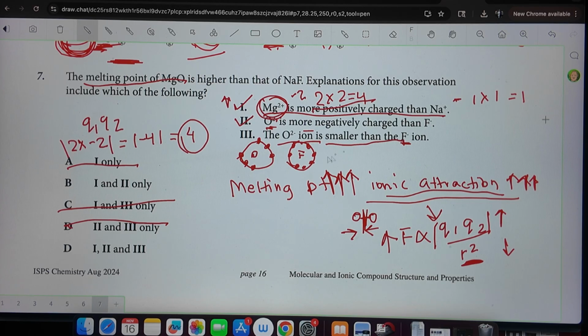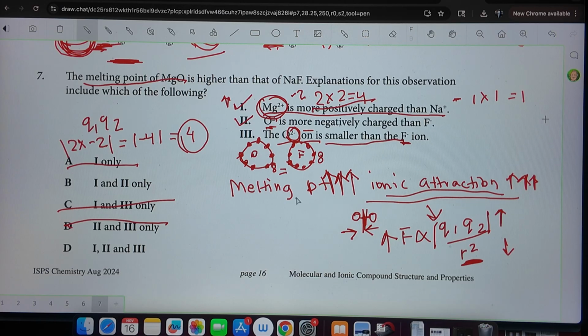If there's a negative charge, it means it has one more, so it has 8. But there's a -2 charge on oxygen, so it would also have 1, 2, 3, 4, 5, 6, 7, 8. So they're actually equal.